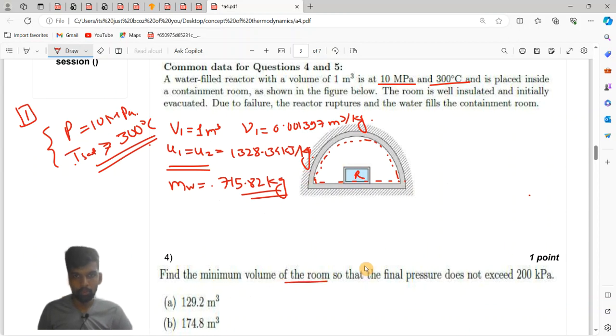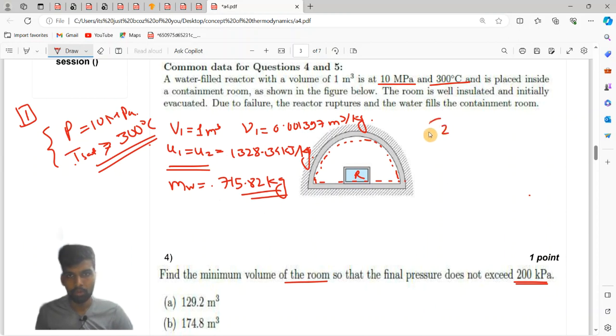Means what is the volume of the room so that the final pressure does not exceed 200 kPa. What will happen? It will rupture and try to fill the entire room. So we need to have some minimum volume so that the pressure of the water does not exceed 200 kPa. So this is the constraint that they have given.